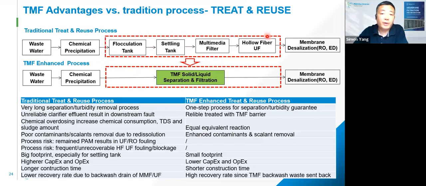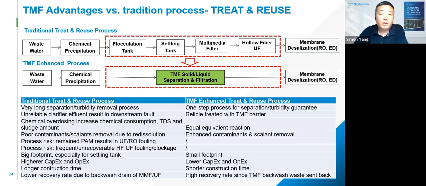So a hollow fiber UF is normally needed to get low turbidity water. However, the hollow fiber UF itself needs some protection. So a multimedia filter or other type of polishing filter is needed to protect the hollow fiber UF.